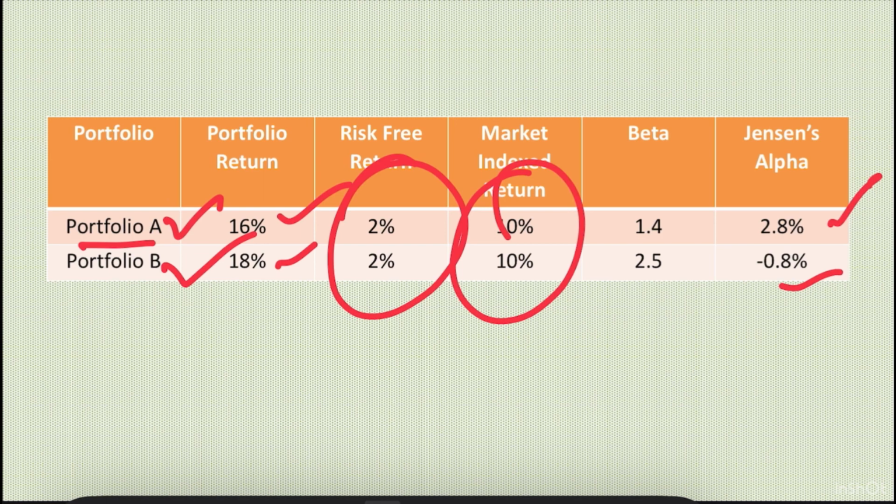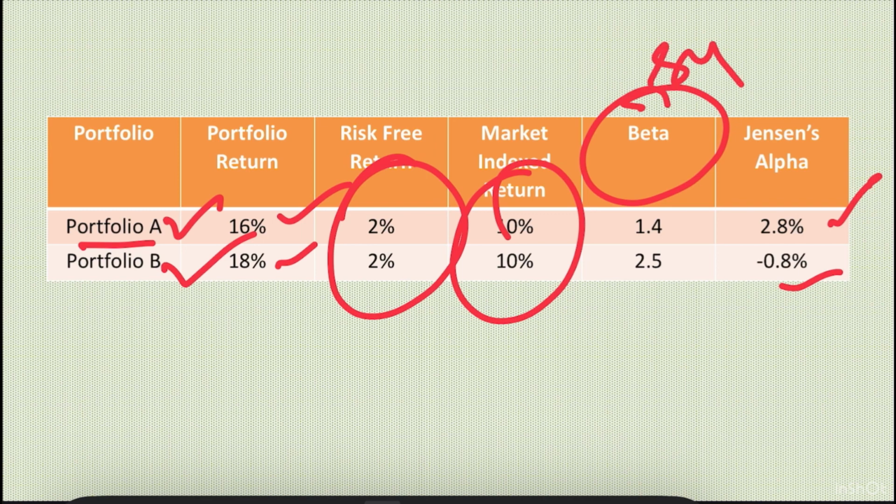Now guys, see over here, what can you see? If I simply take into account the portfolio returns and nothing else, which one do you think is more lucrative? Obviously, portfolio B is more lucrative when I take into consideration only the portfolio return. But when I compare it with the market and also take into account the beta, what is beta?